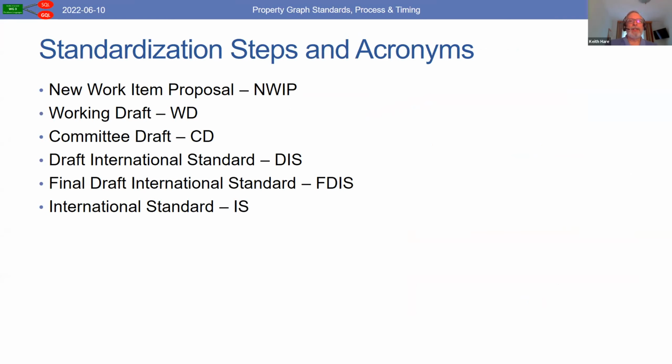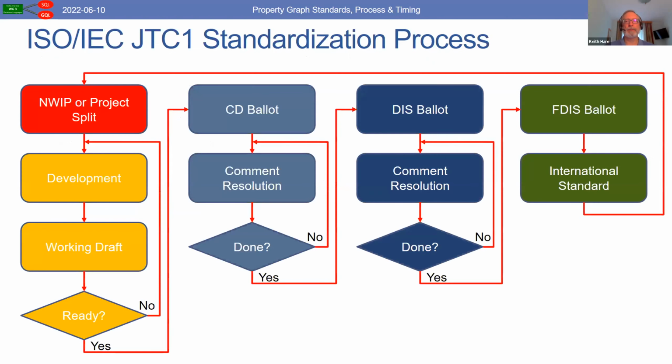Within the process, there are a number of steps, and I'll rattle off particularly committee draft and draft international standard, DIS, so CD and DIS, because those are important steps, and we're right in the middle of that at the moment. The workflow diagram for the process is you start off working on a project.